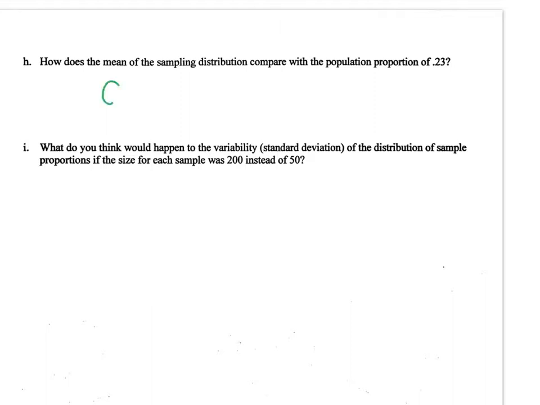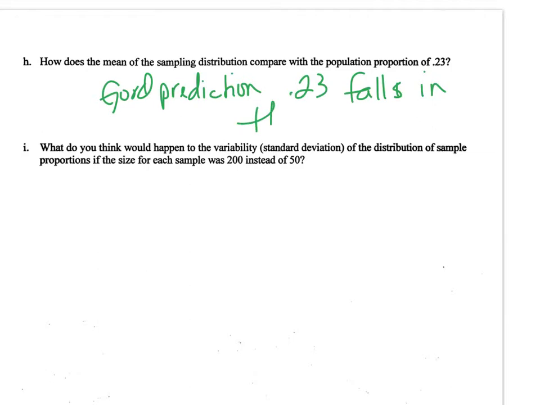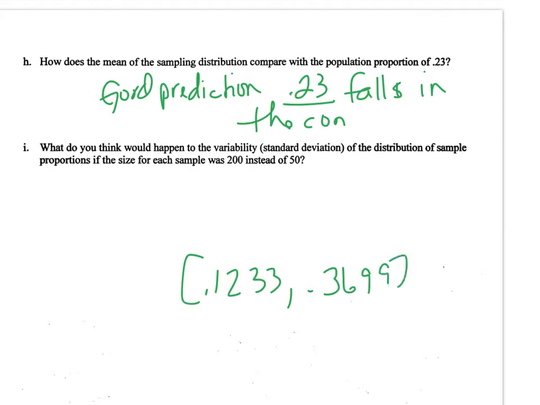Well, this is a good prediction, or a good die, 0.23, because it falls in the confidence interval. I can't go backwards, but if you just look on the other side, 0.23 is between 0.1233 and 0.3699. So it falls within the confidence interval.